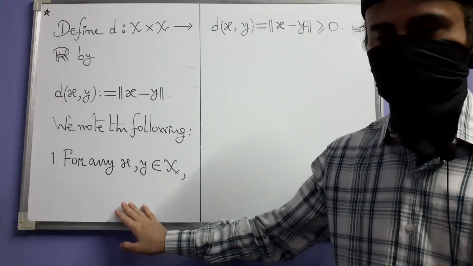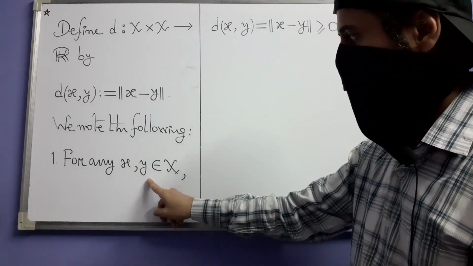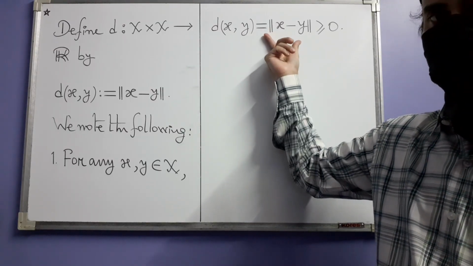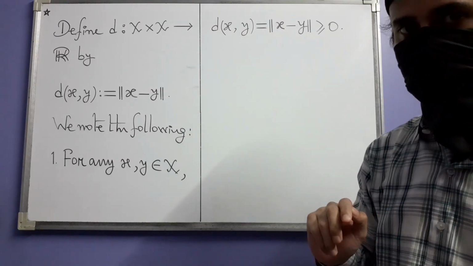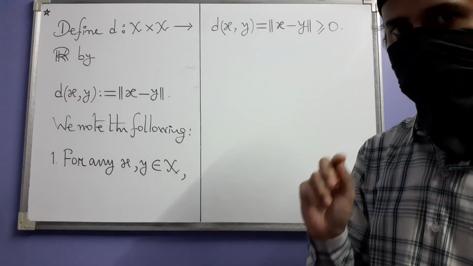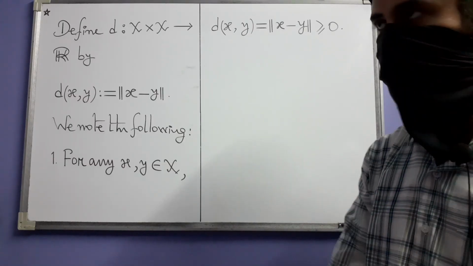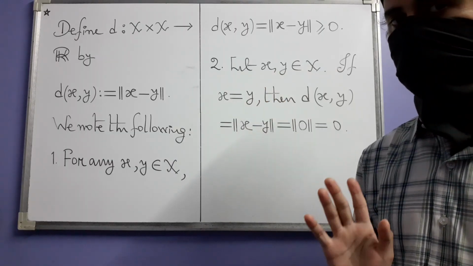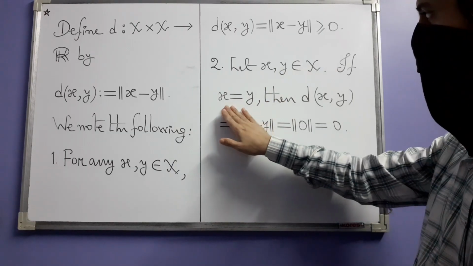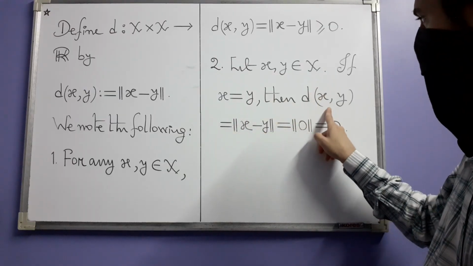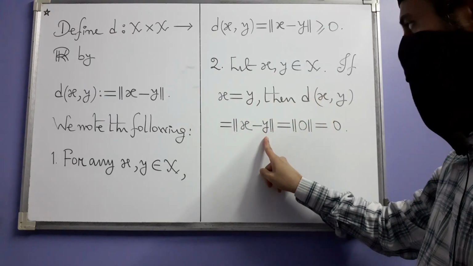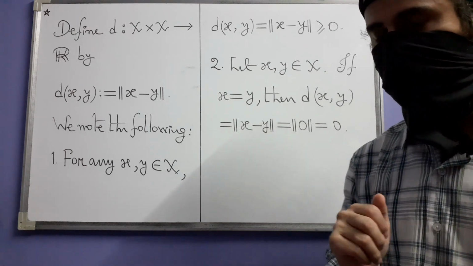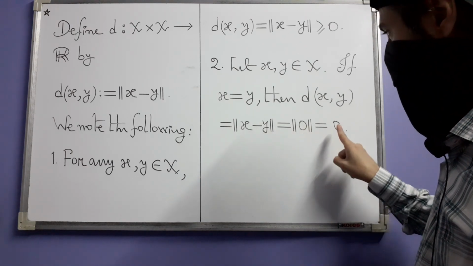This is number 1. For any two vectors x and y, the d value of x comma y is this norm value, which of course is non-negative, by the first condition on the norm function itself. Next, number 2. Again we take two vectors x and y in x. Now suppose x is equal to y, then d of x comma y is of course just this. However, this x minus y is now the 0 vector, and the norm of the 0 vector is 0.